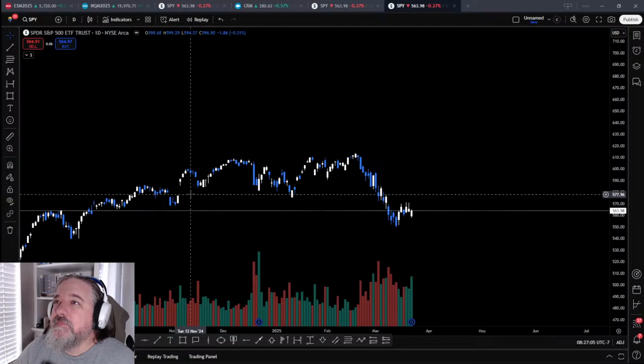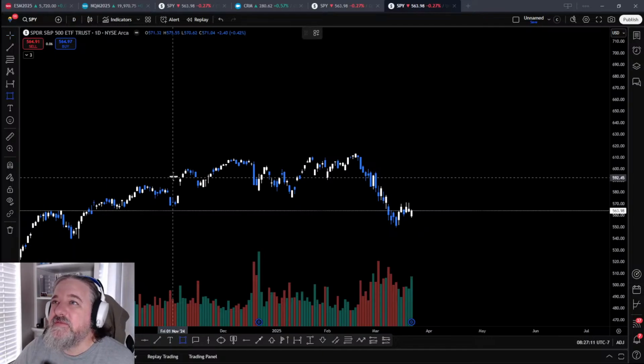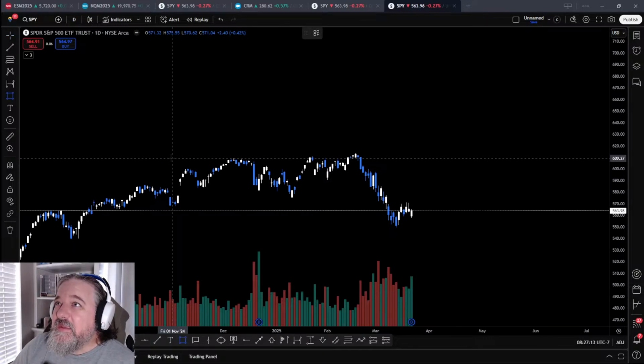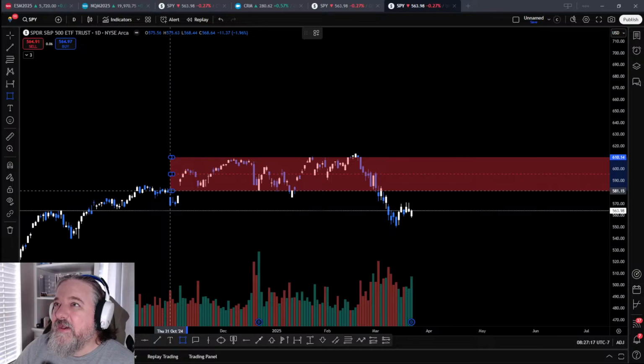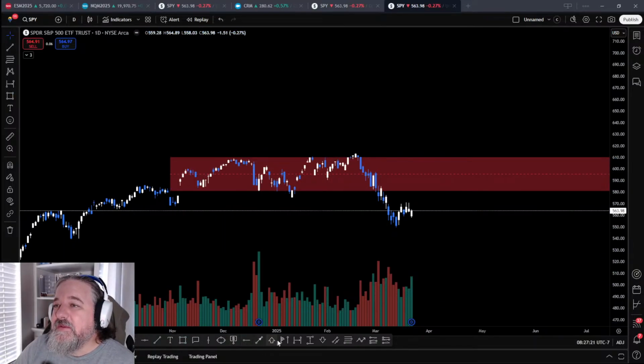And again, the same thing where you have to figure out where the top and the bottom is. For argument's sake, I would say the top is probably right around here and the bottom is right around there.